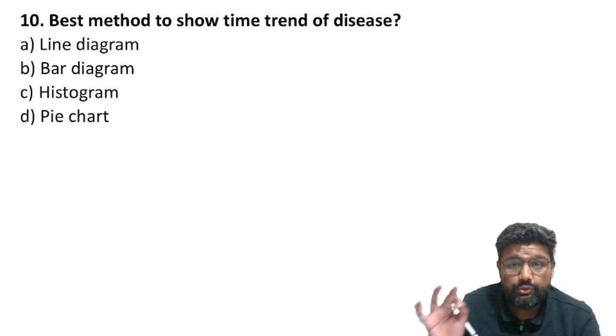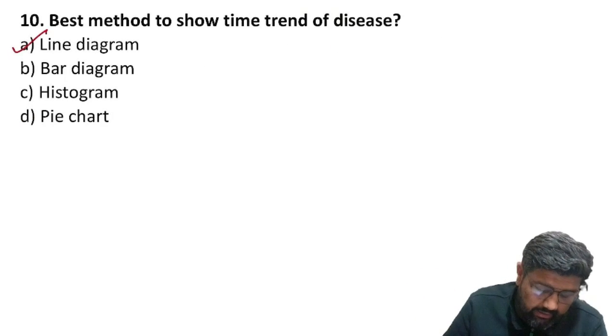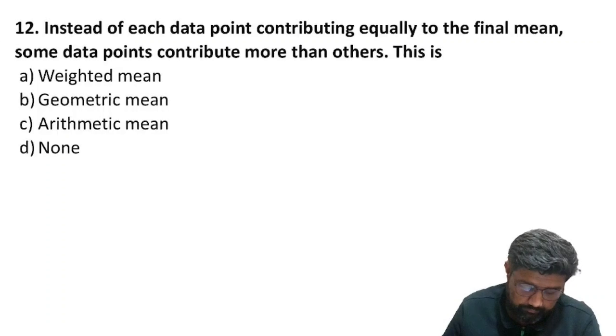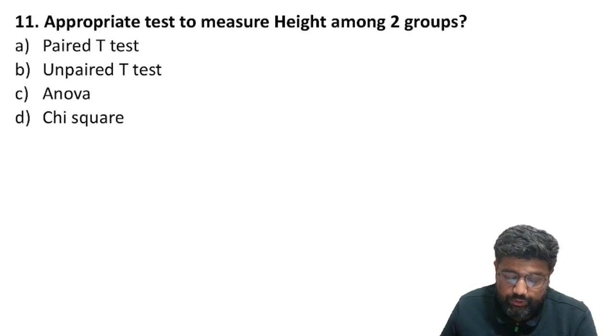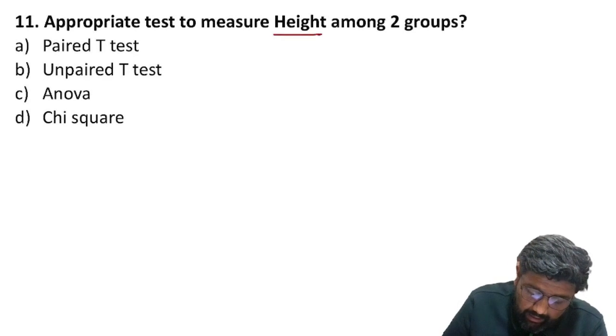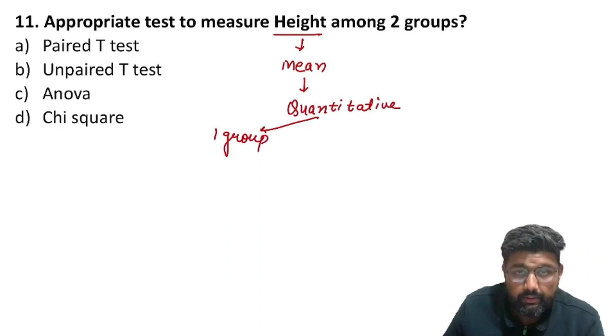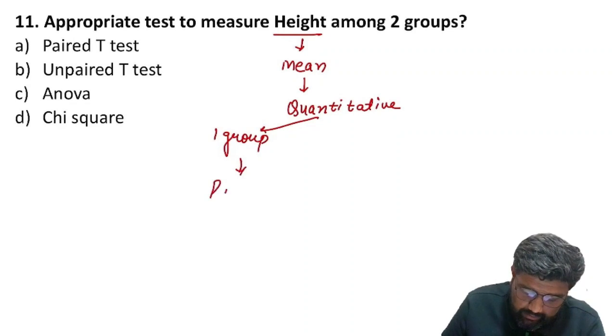Best method to show time trend is line diagram. Appropriate test to measure height among two groups: height is mean, it is quantitative data. If we have to compare one group, it is paired t-test.